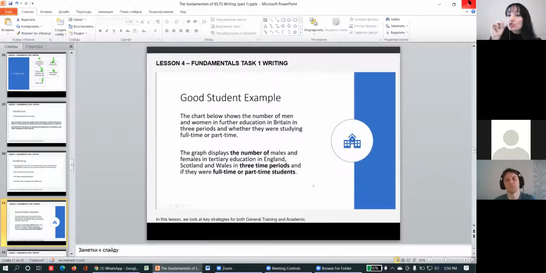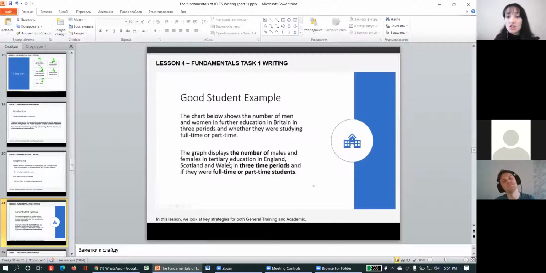You don't need to change every single word. Okay, so the number of is the same. Men and women in further education. Men and women was changed to males and females, which is the same. In further education, tertiary education, which is the same.